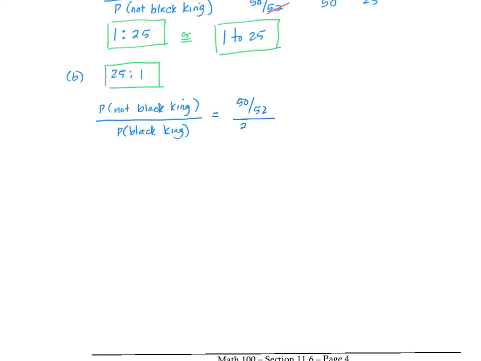Probability of getting a black king would be 2 out of 52. Again, denominators cancel since it's the same, and you get 50 over 2, which would be 25 over 1. Now, I would not write that as simply 25, because with odds you need the two pieces of information. I would write it as 25 to 1. Okay.